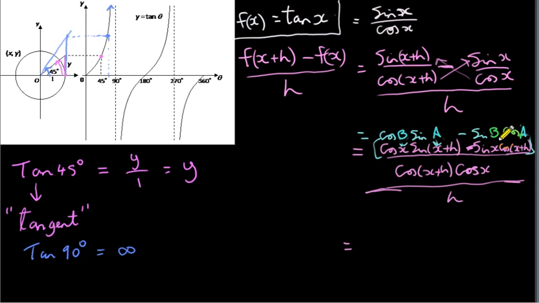Then it doesn't appear like this in your tables. In your tables it'll appear as, I'll write it down, sine A minus B is sine A cos B minus cos A sine B, which is exactly what we have here. Now if I did it the other way, we'd still get the same thing. I just have to interchange A and B.